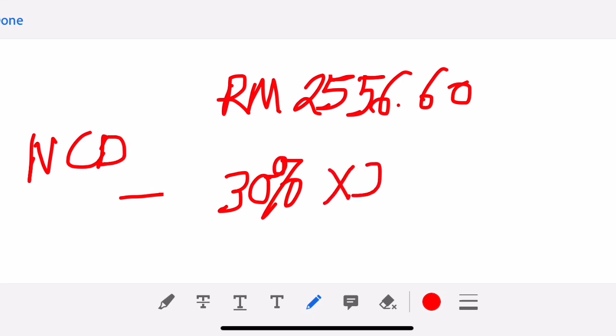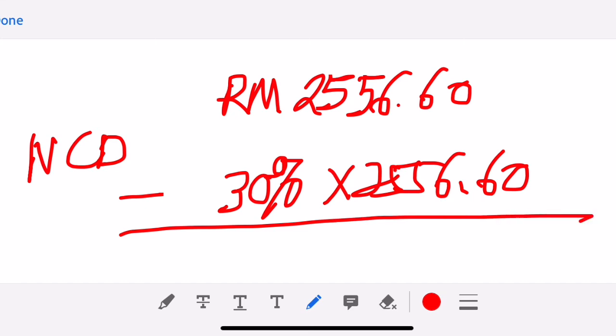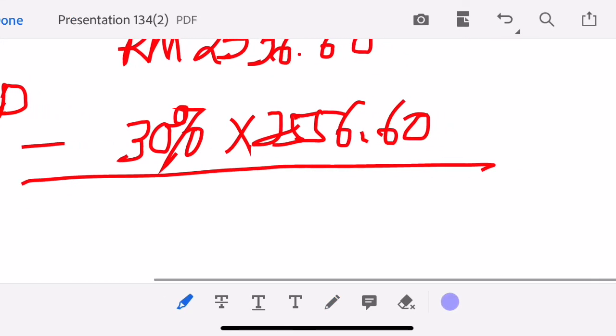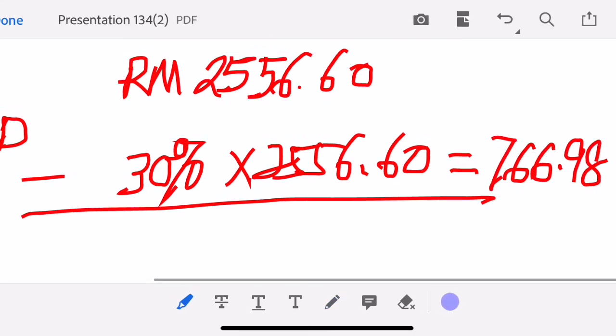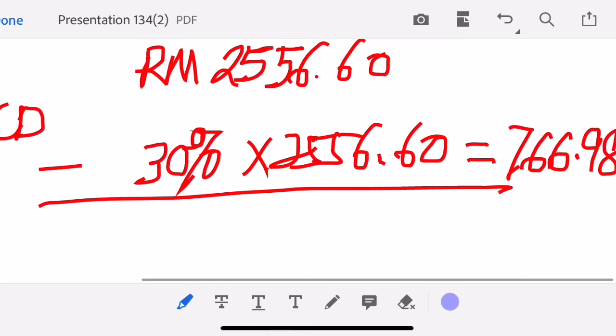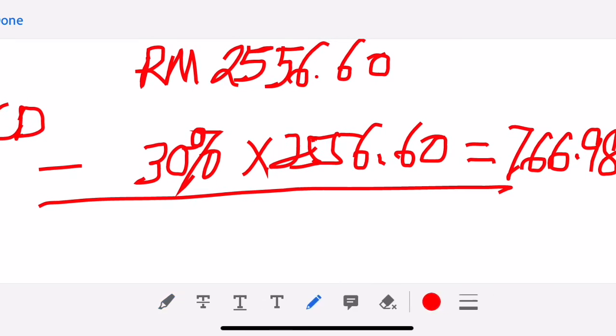Times the 2556.60. So if you calculate 30%, 30 per 100 times 2556.60, you will get 766.98. So this is a discount that Encik Bakri is entitled for the NCD eligibility.